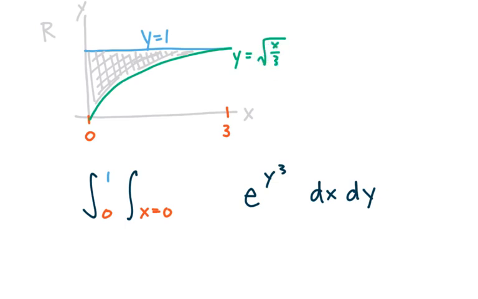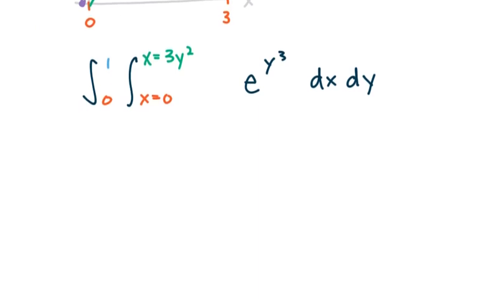We could square both sides. That gives us y squared equals x over 3, multiplied by 3 on both sides, and we have 3y squared equals x. So this is x equals 3y squared. So that's my setup, 0 to 1 on y. There are my constant bounds, and then from x equals 0 over to this green function, which is now redefined x in terms of y, x equals 3y squared.